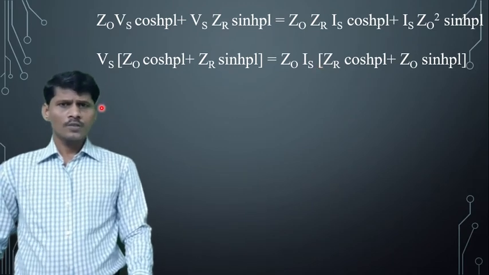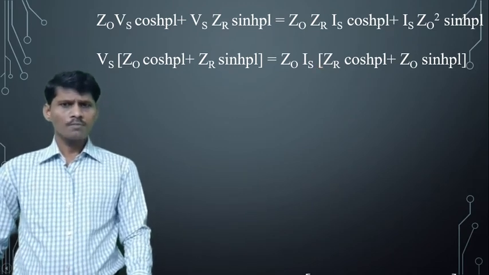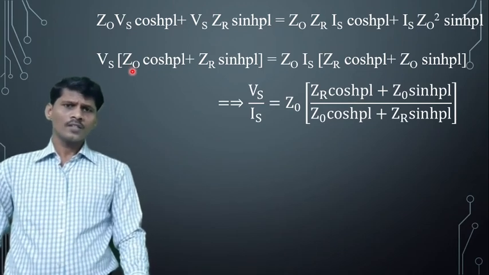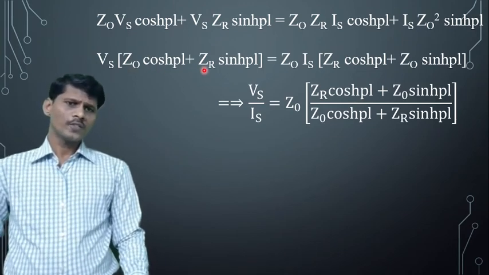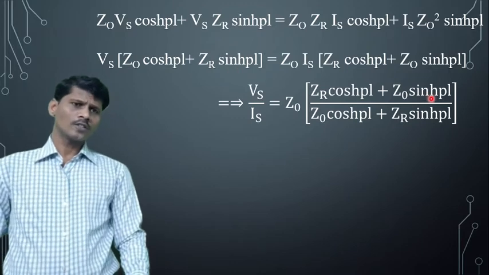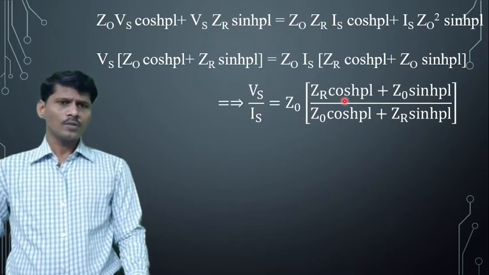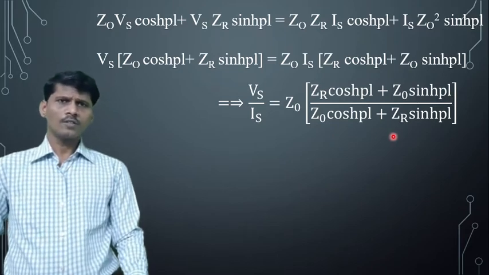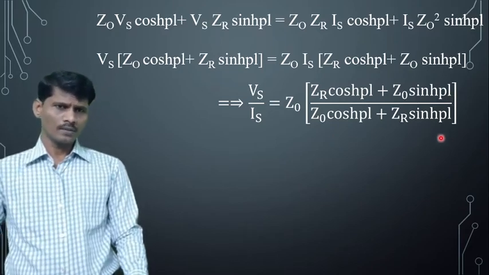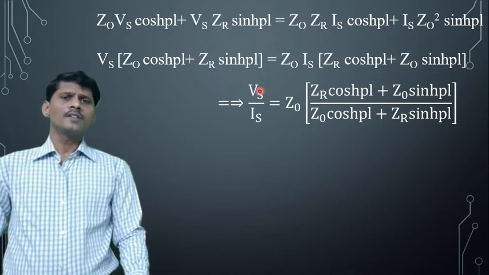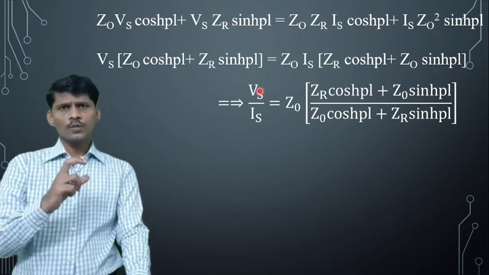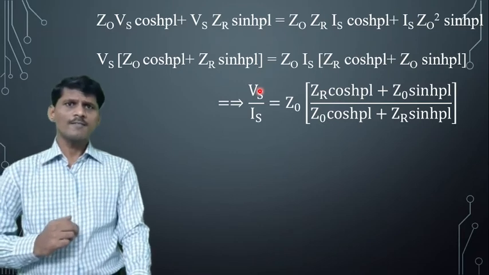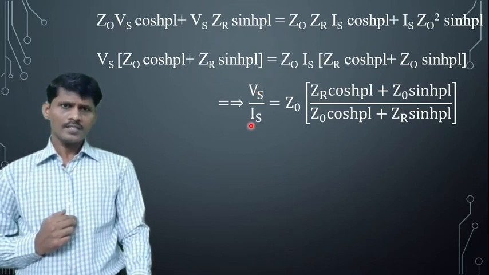Is comes to the LHS side. We have Vs by Is equals Z0 into ZR cosh PL plus Z0 sinh PL by Z0 cosh PL plus ZR sinh PL. On the LHS, the ratio of input voltage to input current is called the input impedance, that is ZS.